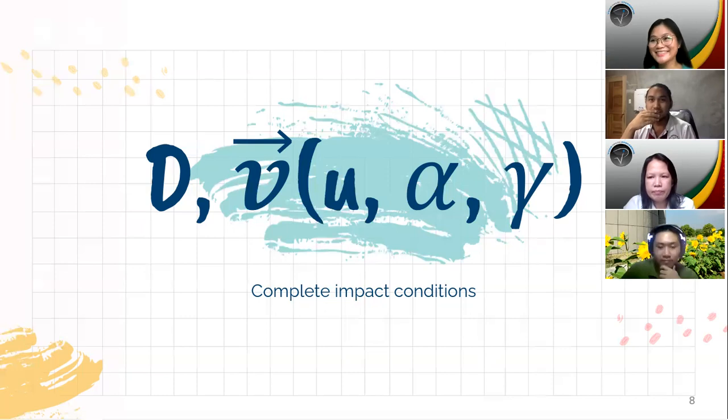Yung sagot ko po dun sa tanong ni Sir, meron po akong literature, a previous study po before, hindi ko po siya na-cite sa slides, pero nasa manuscript po siya, na tinry po nila yung string method, tangent method, without the gravity. Tapos nakita nila, it can reach up to 50% error sa height. So imagine if wala kang witness, tapos meron ka lang blood stains.